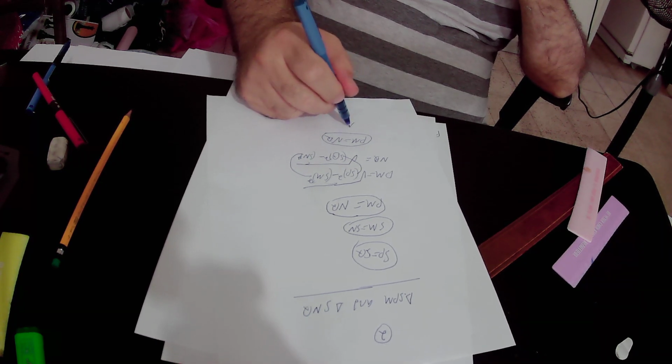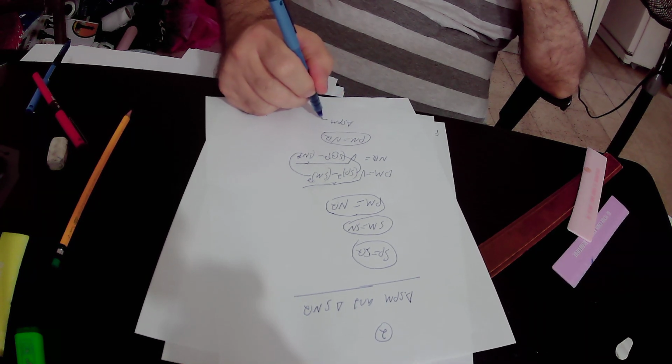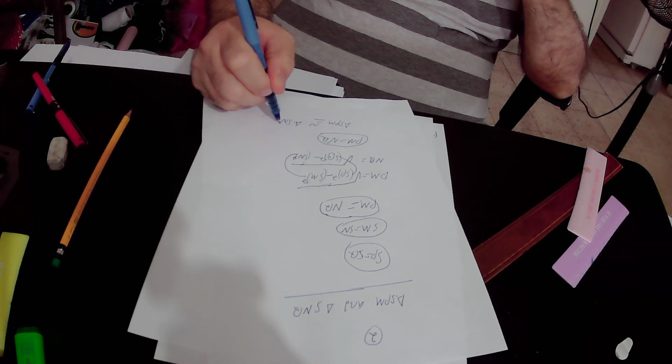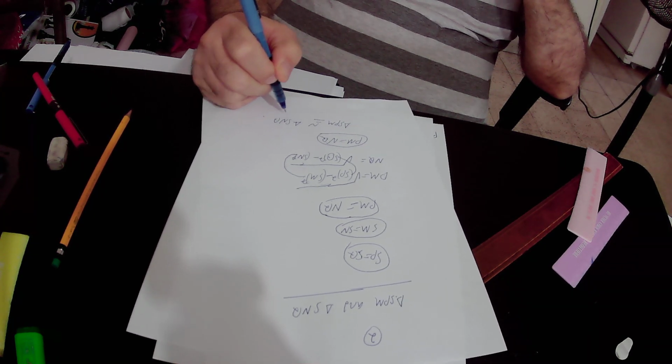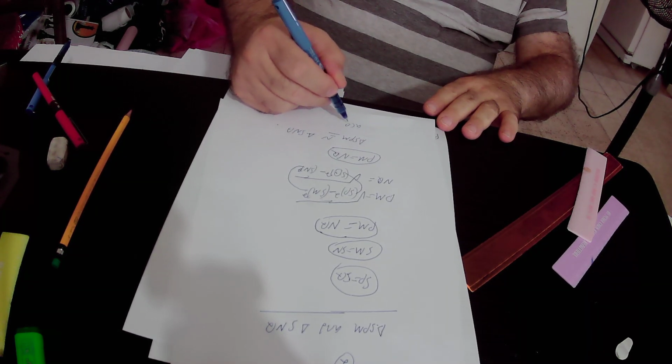Therefore, triangle SPM is congruent to triangle SNQ according to the side rule.